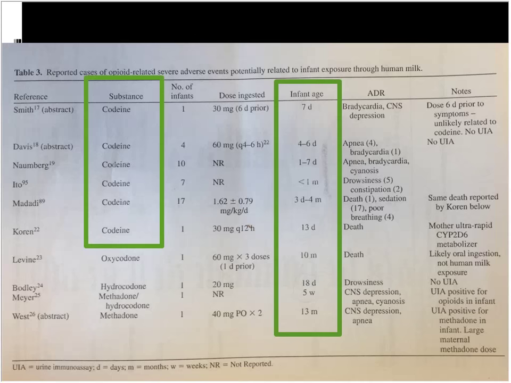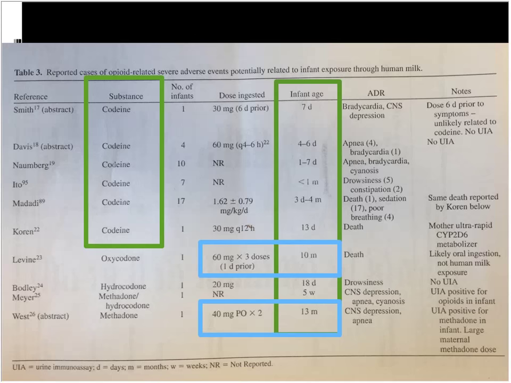The second is you look at the ages, and most of them are very young, less than 1 month in general, which does make some sense. They're taking the highest amount of volume of breast milk per body weight in kilos at that time, and that does seem like the highest risk stage. There's a couple of exceptions on here, but if you notice the patterns, these are both older children, but the mother's ingested dose was very, very large.